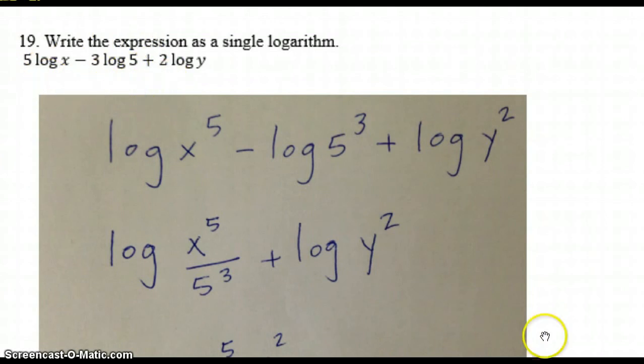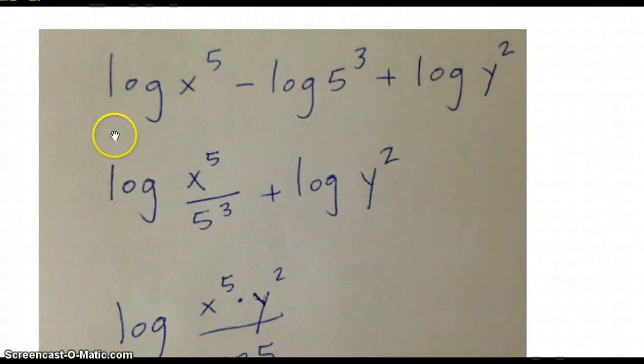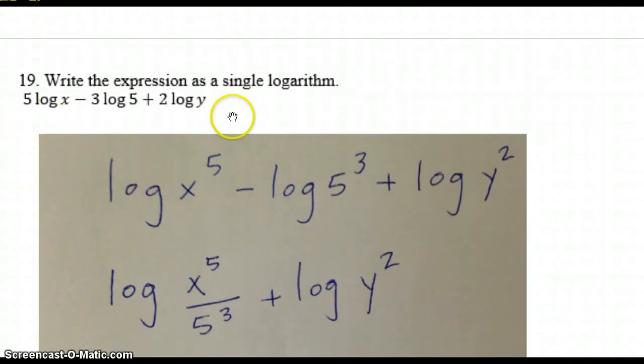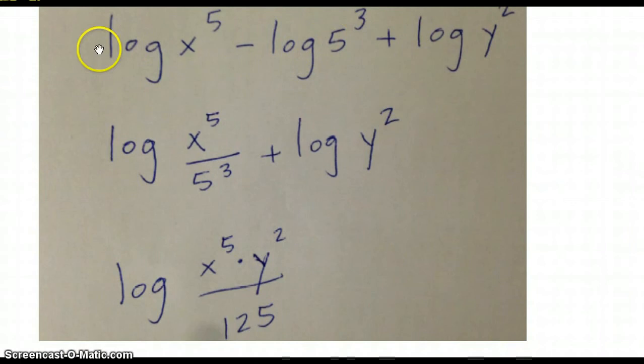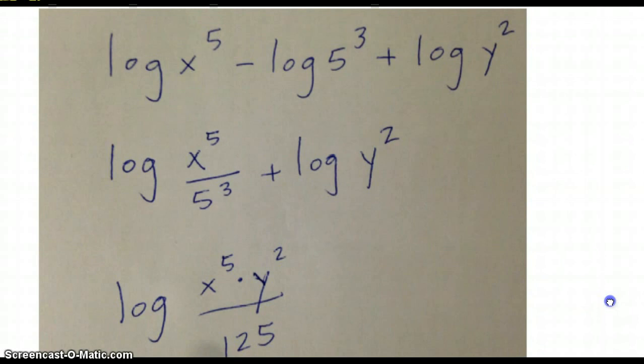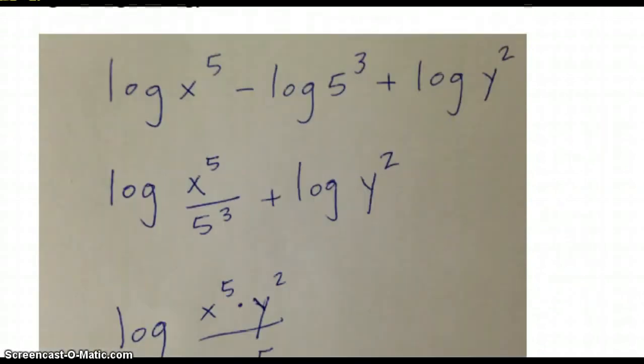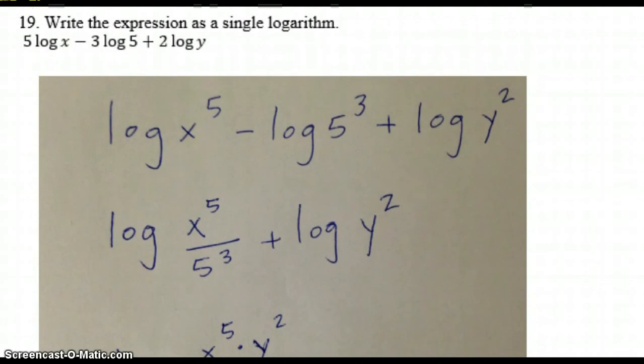So the first thing I did is I rewrote using the power rule, and then I looked at the logs on the left and used the quotient rule, and then the product rule. A lot of people would incorrectly have put the y squared in the denominator, which is incorrect. Take it step by step, piece by piece, working from left to right, and you'll be all good.